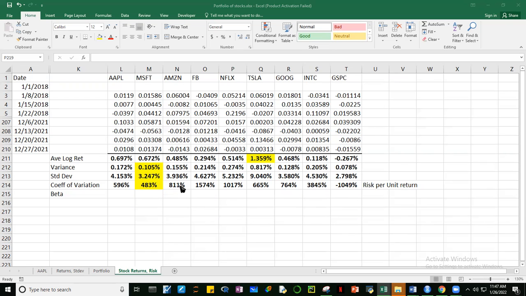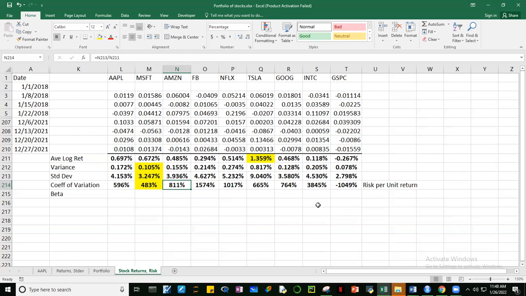Now, strictly speaking, we cannot say na mas less risky si Microsoft by ×2 kasi itong si Amazon ×2 no? So it's more of what we call a relative risk measure. We just can't put so much pragmatic interpretation on the numbers per se, no?